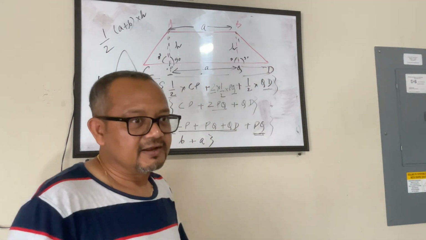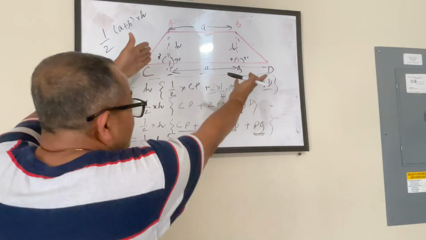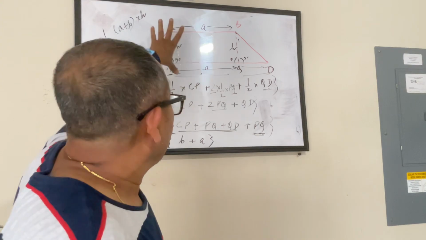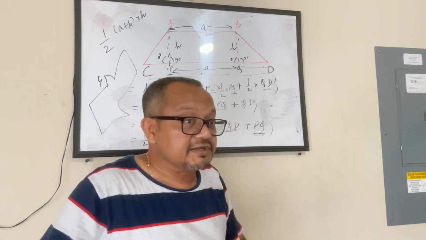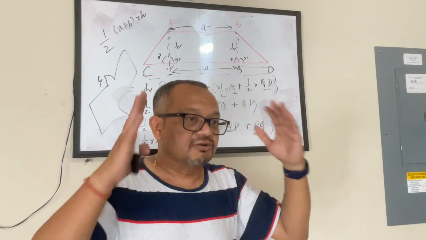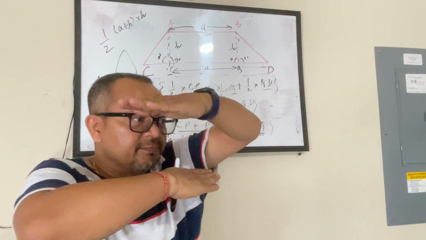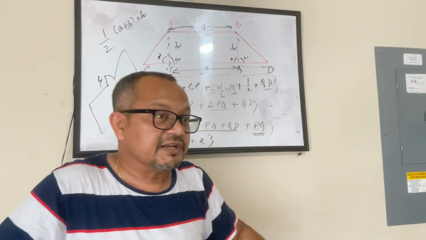Yeah, Vivan. Sir, are the triangles always congruent? No, they are not. Because if you look at the definition of a trapezium, it doesn't tell you anything. It just tells you that a trapezium is a quadrilateral where one pair of lines are parallel to each other. That's it. There is no extra information.